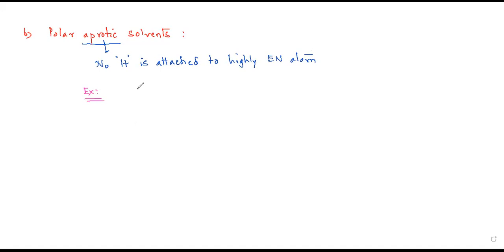Suppose DMSO, dimethyl sulfoxide. Look at the structure. You don't have a hydrogen attached to the highly electronegative oxygen atom.